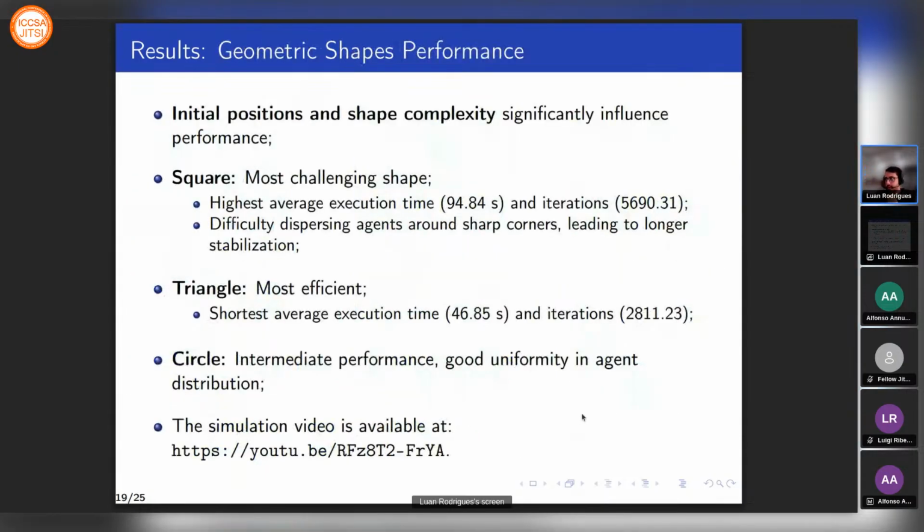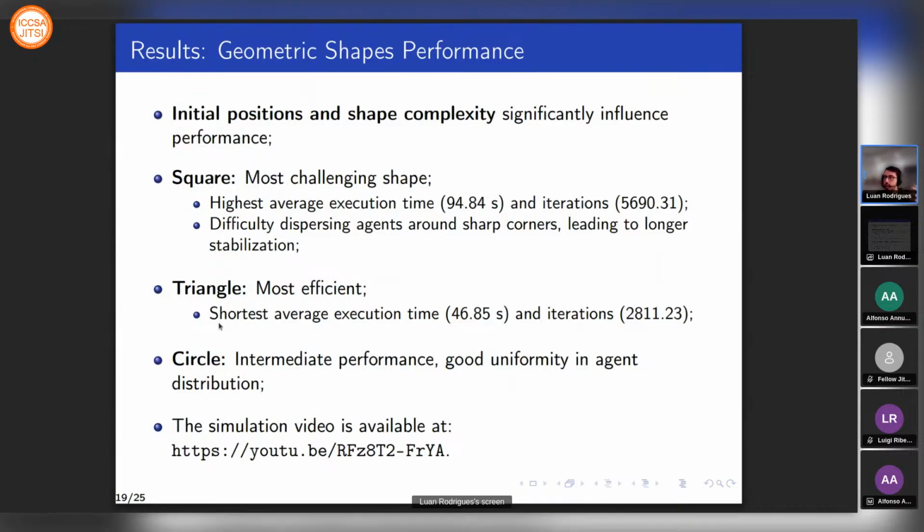The results for the geometric shapes were very interesting, since we realized that the most difficult shape was the square, since the agents have some difficulty dispersing around the sharp edges of the square. But it also happened with the triangle, which had the shortest average execution time of all.